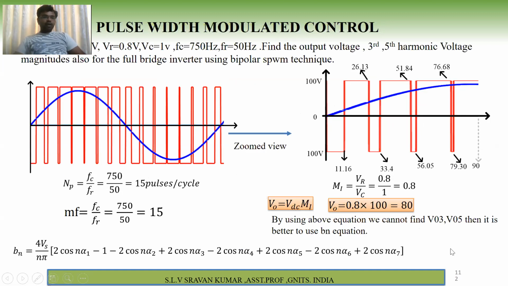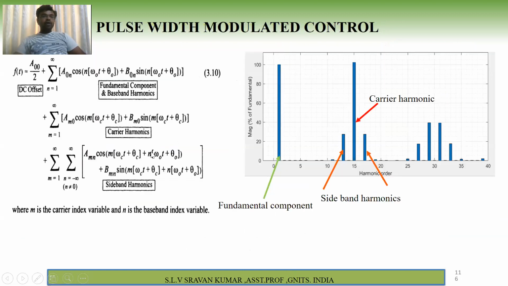Let us say my carrier frequency is 1500, therefore it will be doubled. That means you will get alpha 14. At that time this expression is complicated. Only to solve this fundamental you are spending more time. Then when you simplify this one as well as this one, it will be more complicated.